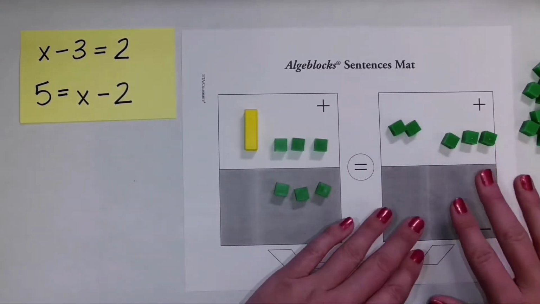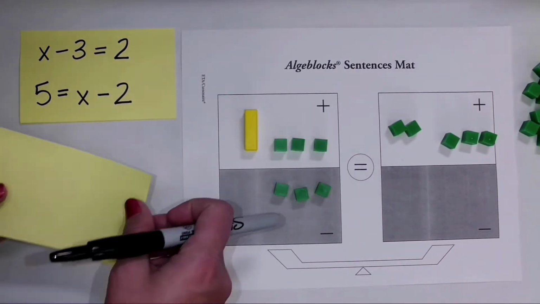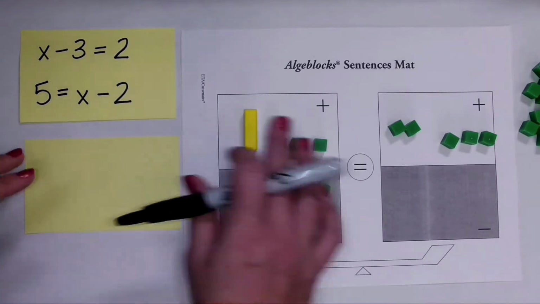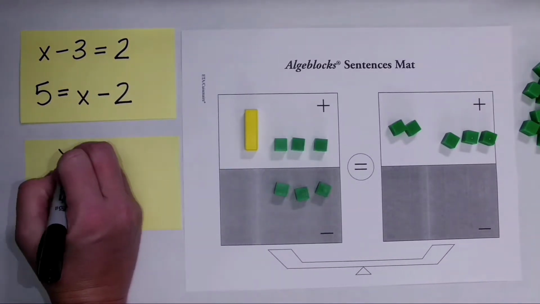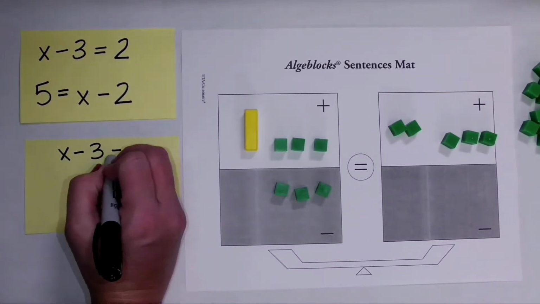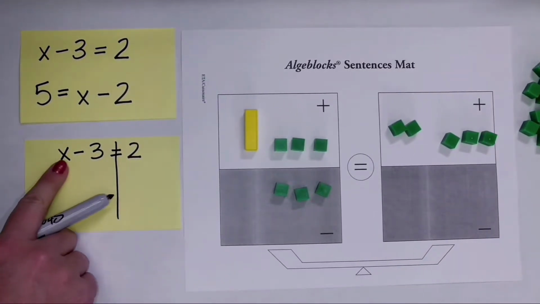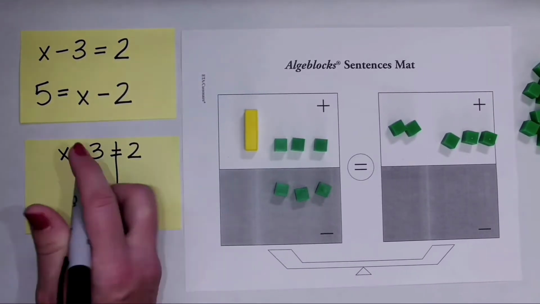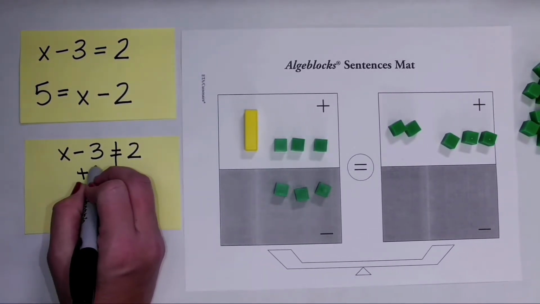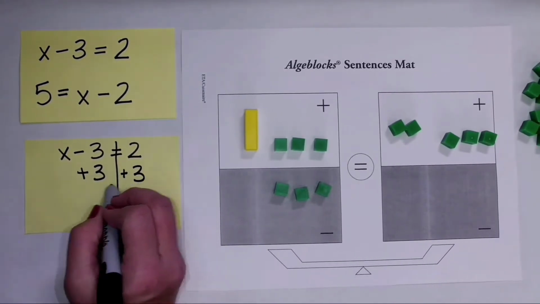I'm going to leave this right here for just a minute, and I'm going to think about how the abstract form of this problem is going to match all these cubes and all this messiness we have going on. So let's set up this problem. x minus 3 equals 2. I want to balance these two sides of the equation, and I want to isolate this variable. To isolate this, if I have minus 3 or negative 3, I'm going to add 3, but whatever I do to one side of the equation, we have to do to the other side.